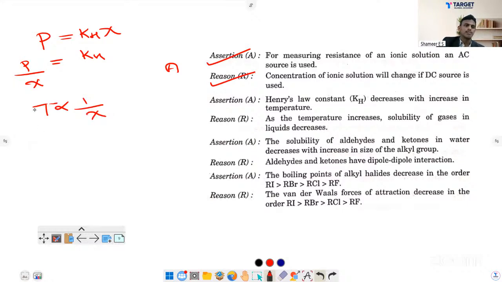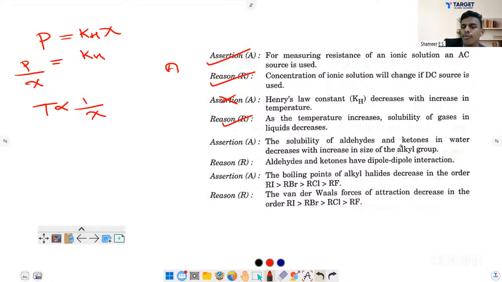If you increase temperature, solubility will decrease. So this is actually incorrect. As the temperature increases, solubility of gases in liquid decreases. That is correct. So assertion is wrong, but the reason is correct.